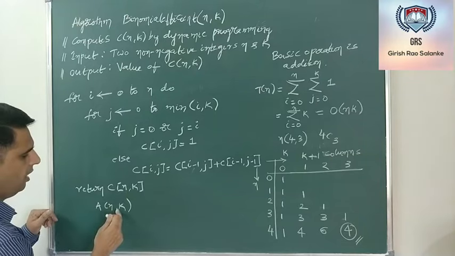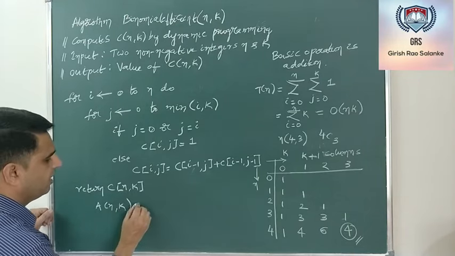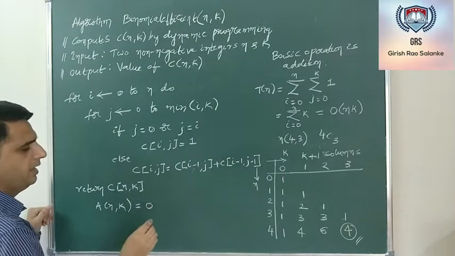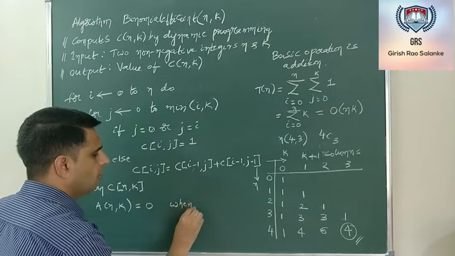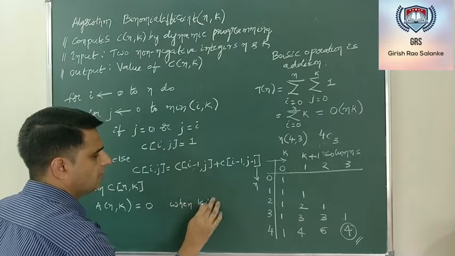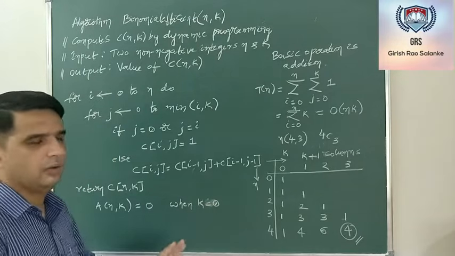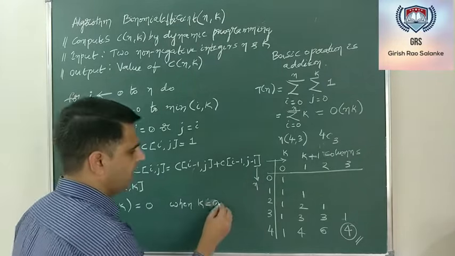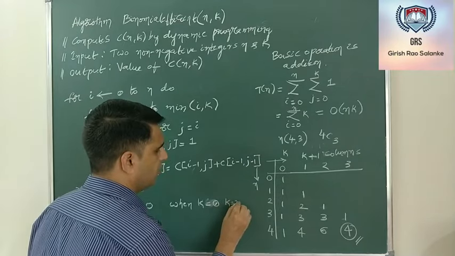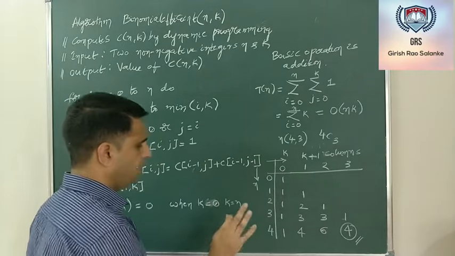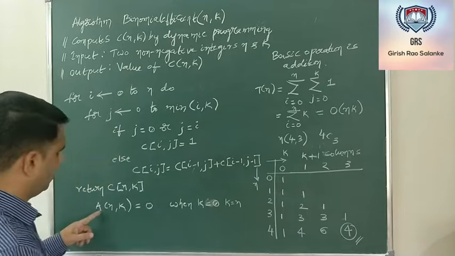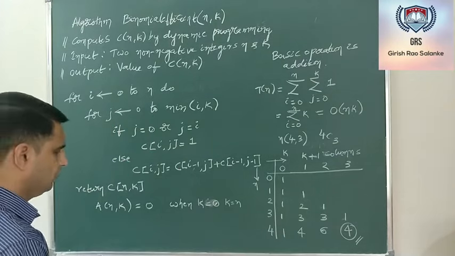A of n comma k is 0 when k is equal to 0; I don't do any addition at all. And when k is equal to n, here also I don't do any addition at all. So the total number of additions done is 0.